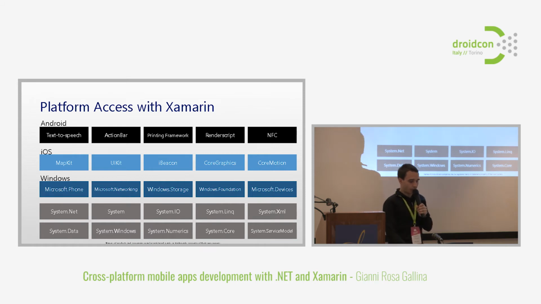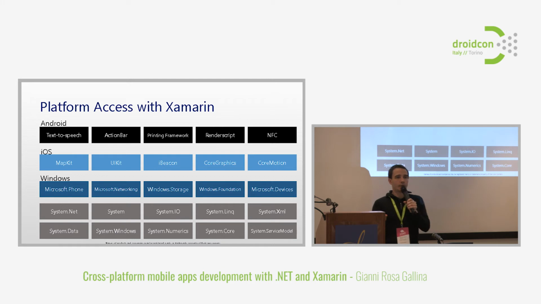For iOS, we have access to MapKit, UIKit, and Core Graphics directly. We write C# code, but use these components as if they were C# objects. And for Android, we have a similar approach. So we can access the text-to-speech components, RenderScript, NFC, and many, many other libraries.